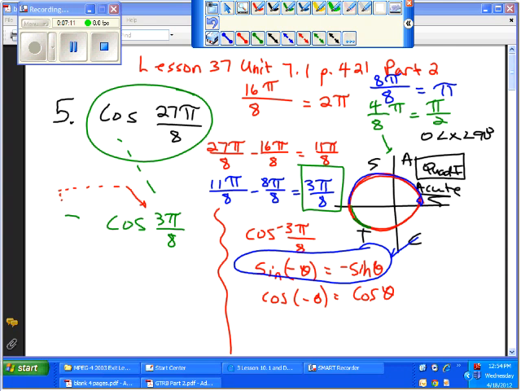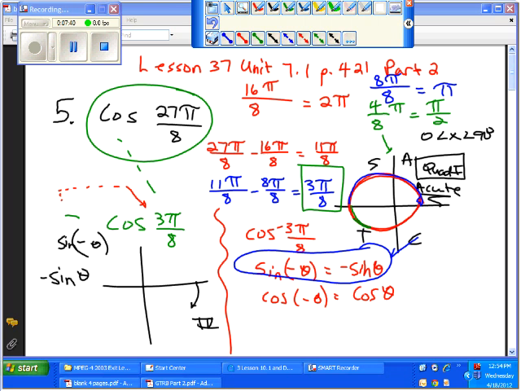Because, remember, when you go from sine of theta to sine negative theta, let me draw the picture for you. If we say sine negative theta, what are we really doing? We're going clockwise, which puts us in quadrant 4. In quadrant 4, sine is negative.